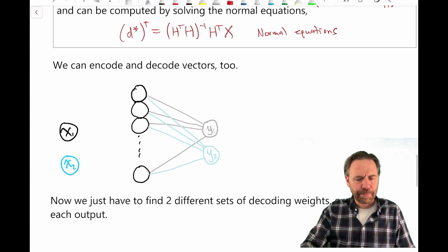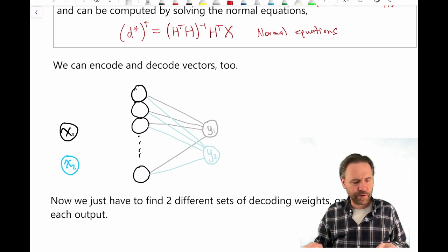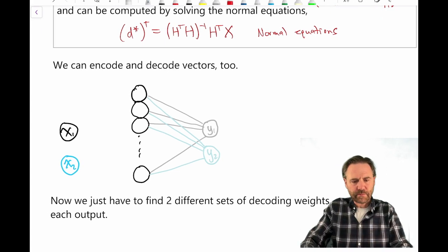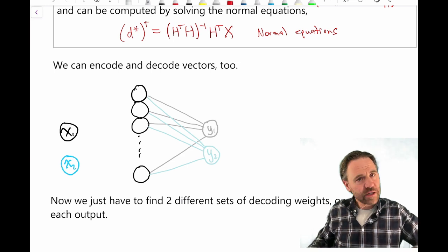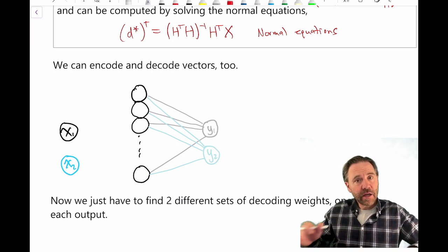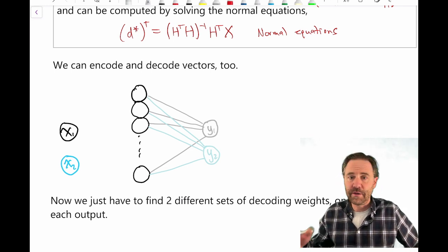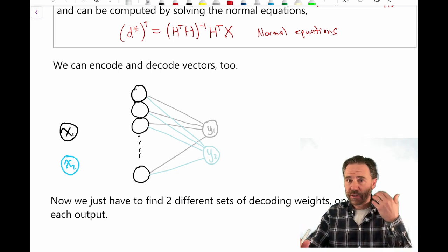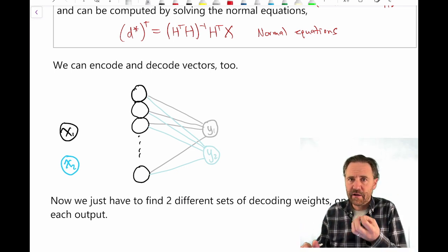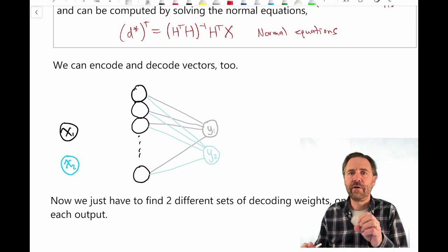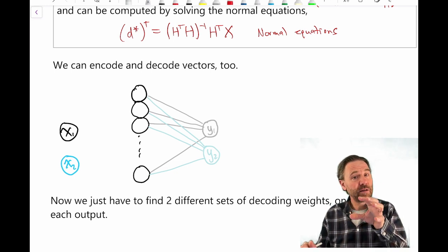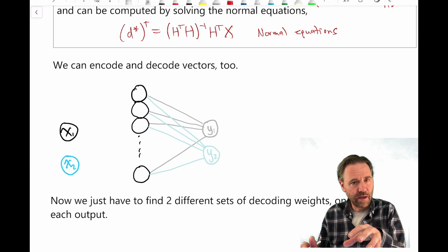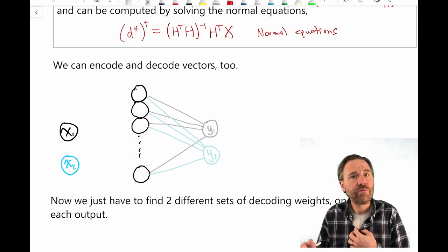So here we have two inputs to this neural network. I've got x1 and x2 and a hidden population again. It could be the same number of hidden nodes as before, but now instead of just having the collective activities of the hidden layer representing one number, I want the collective activity of those hidden neurons to encode two numbers.